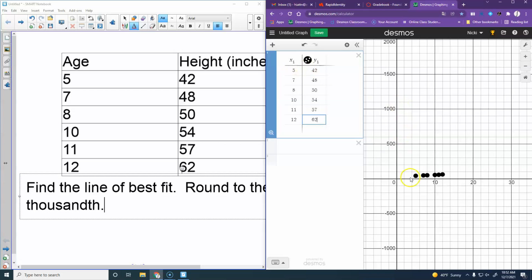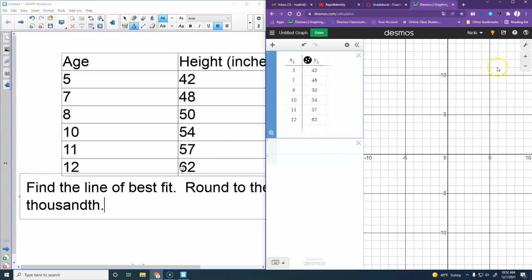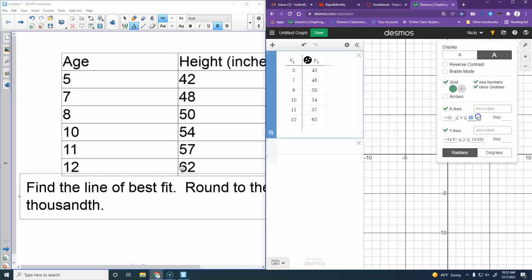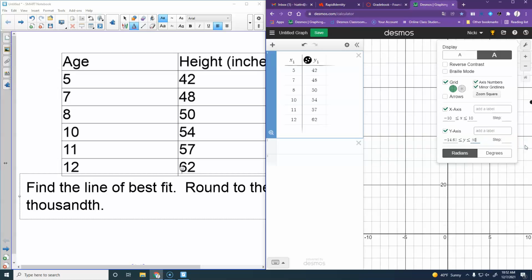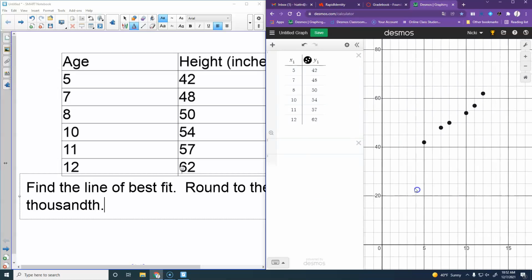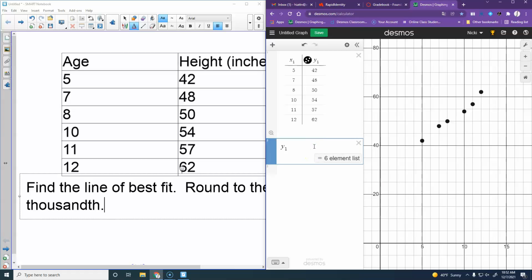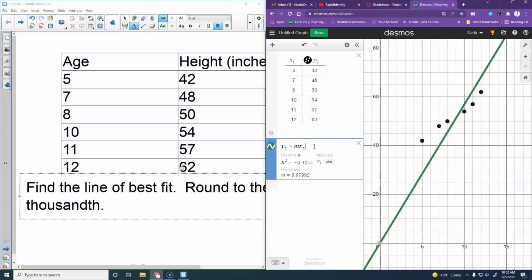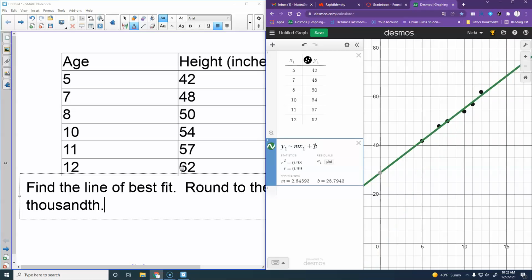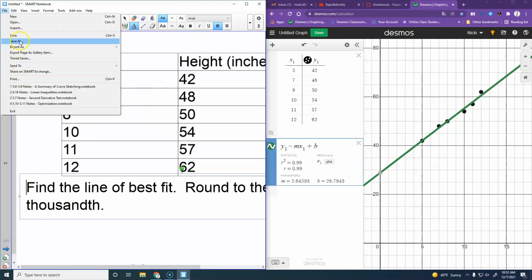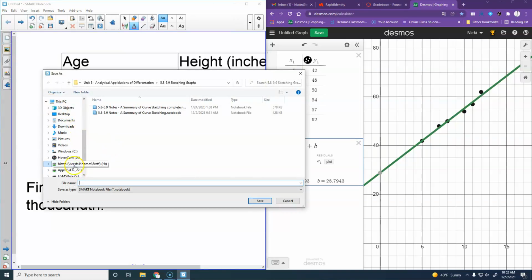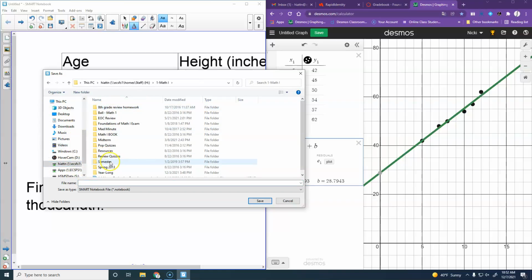Wait till I tell you. Three places behind the decimal.